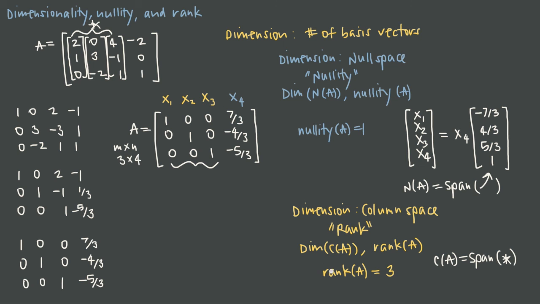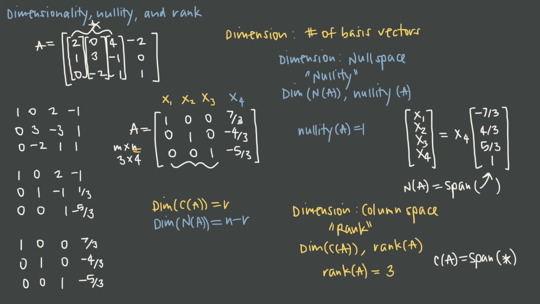Oftentimes we'll just call the rank R, and so we could say that the dimension of the column space is given by R, and then because we have n columns, oftentimes we'll say that the dimension of the null space, the nullity, is given by n minus R, where we take the number of columns in the matrix and we subtract out the rank of the matrix.